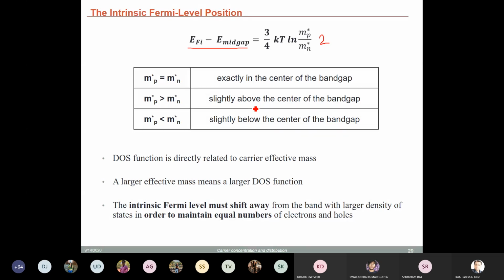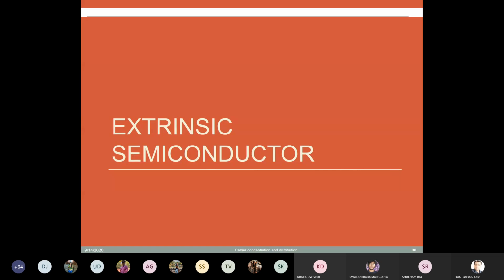The shifting depends on what kind of doping I add, whether I'm increasing the number of electrons or holes. Why does this shift have to happen? So that the semiconductor maintains a balance between the number of electrons and holes, and ultimately this Fermi level is adjusted accordingly.